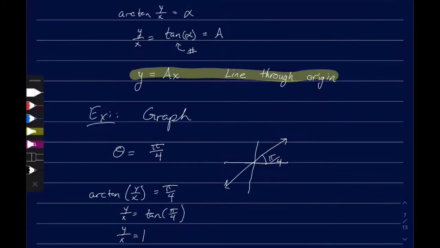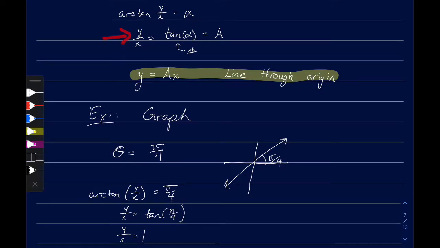And to see why it's a line passing through the origin, let's go ahead and solve for it in terms of Cartesian coordinates, something we're a lot more familiar with. So theta is equal to arctangent of y over x. So we can just set arctangent of y over x equal to our specific theta, which is alpha. So by taking the tangent of both sides, y over x equals the tangent of alpha, which is just a number.